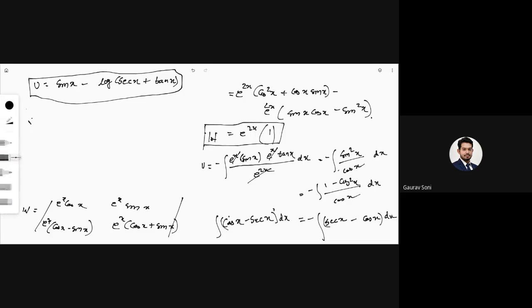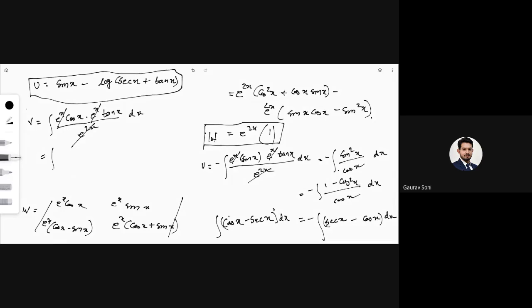V is equal to integration of y1, which is e to the power x cos x, into the right hand side, which is e to the power x tan x upon the Wronskian, which is e to the power 2x dx. These will get cancelled out.